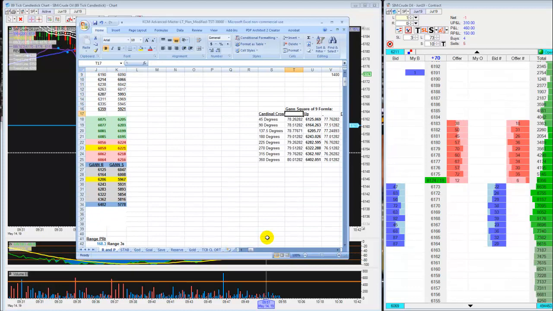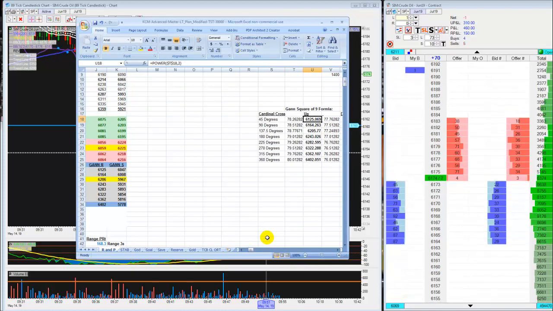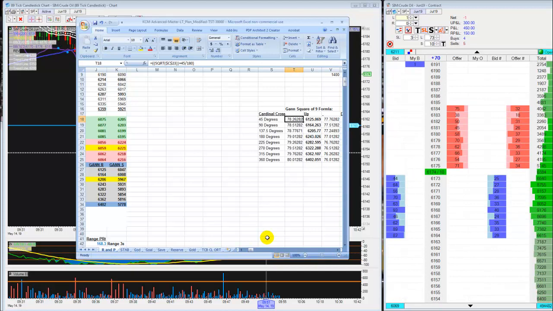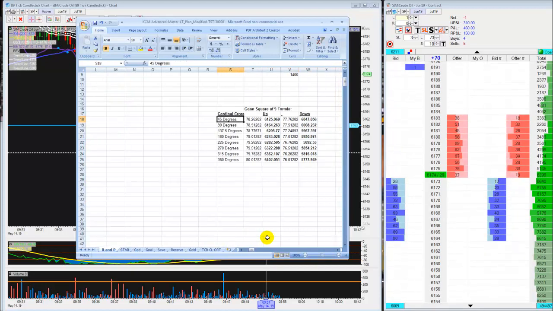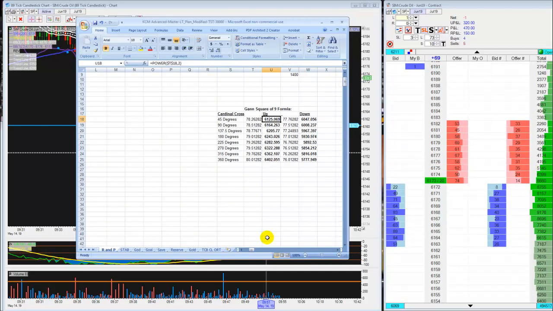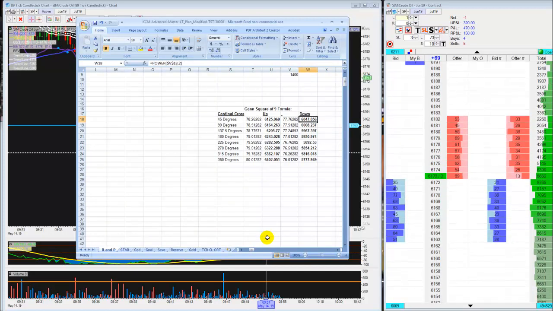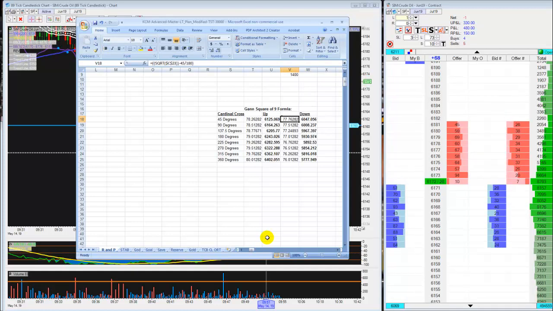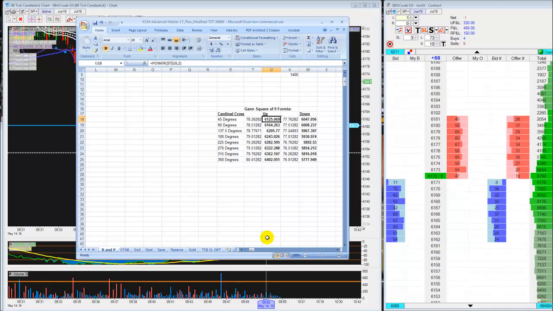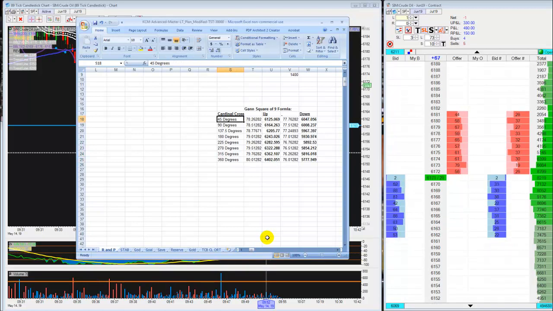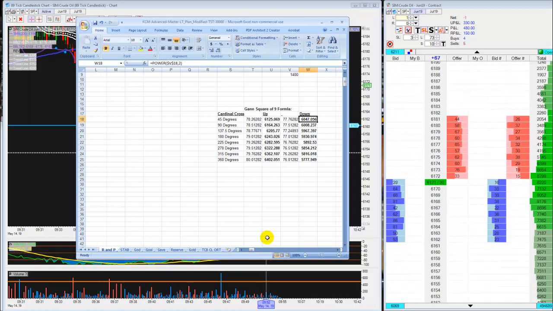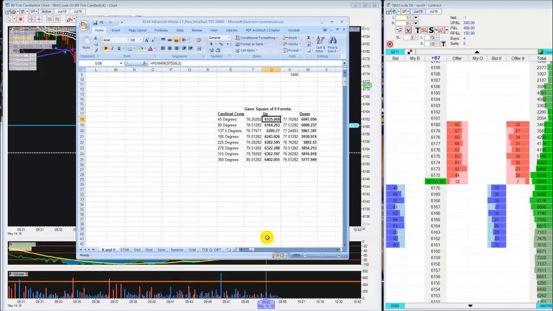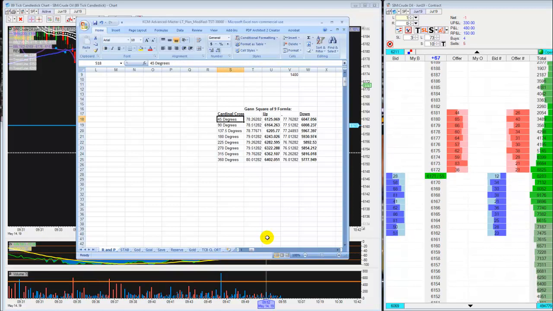All right. Where to? There's your formula if you want it.